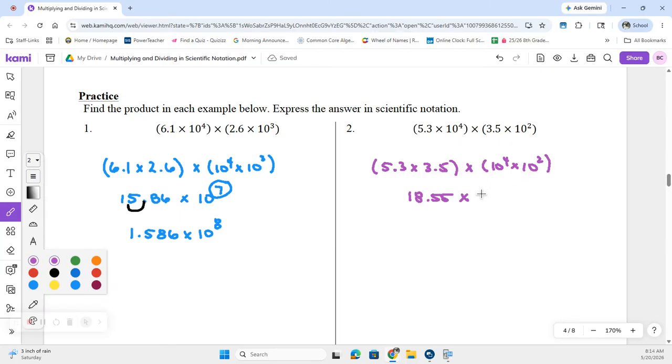And 10 to the fourth times 10 to the second is 10 to the sixth. 18.55 is too big. So we're going to move the decimal point to the left, 1.855 times 10 to the seventh.